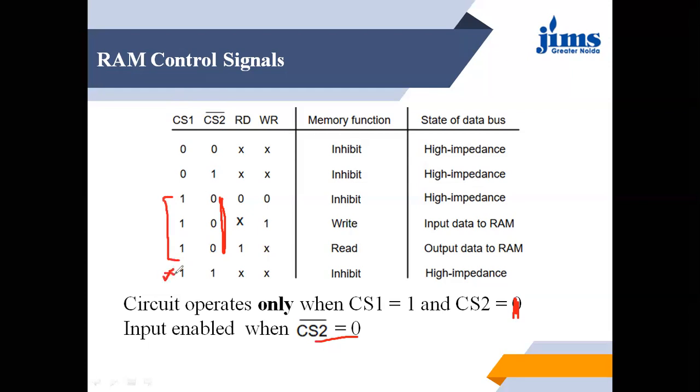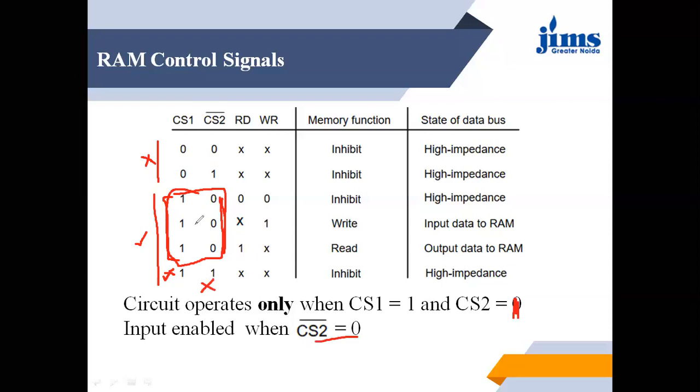From CS1, we decide that the operation will not be performed in these 2 conditions. It can be performed in these 4 combinations, but from CS2 bar, we came to know that the operation is going to be performed only in these 3 combinations, not in this combination.